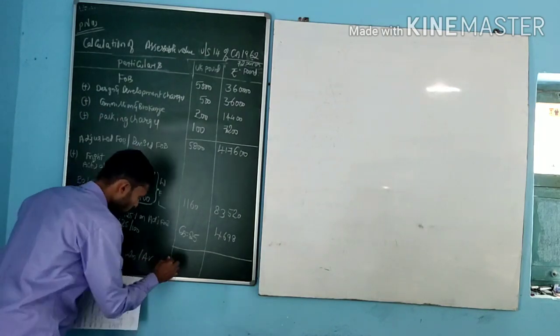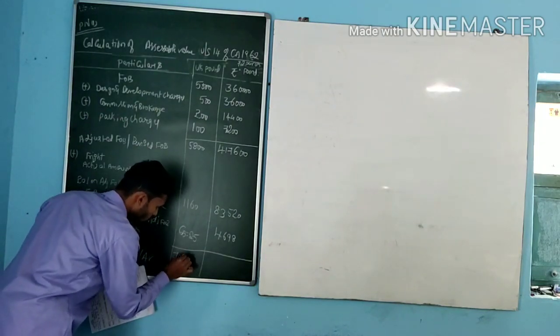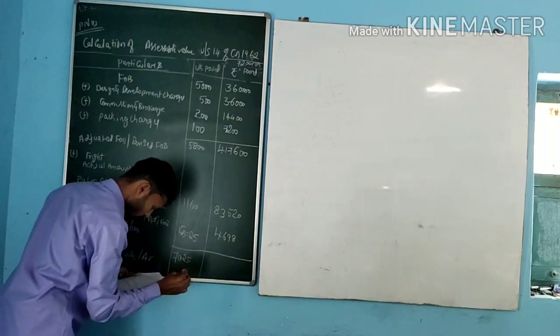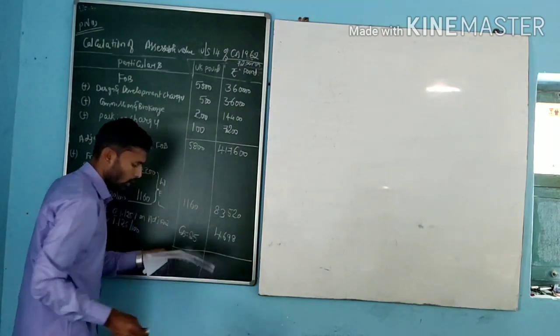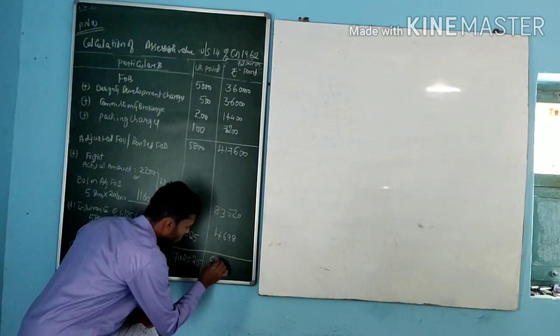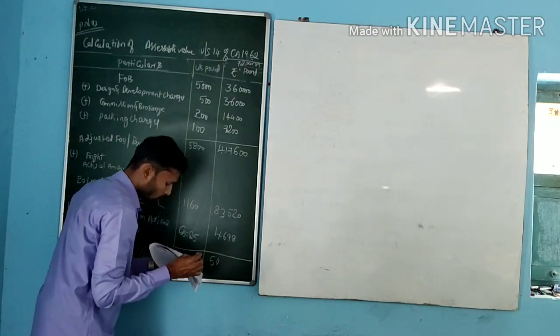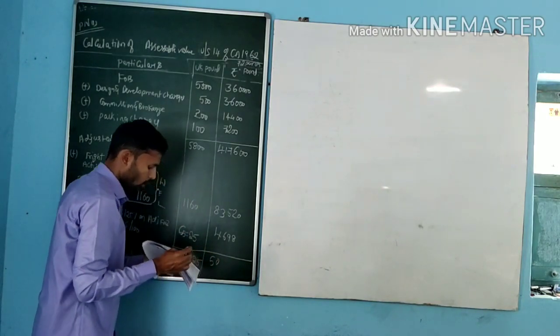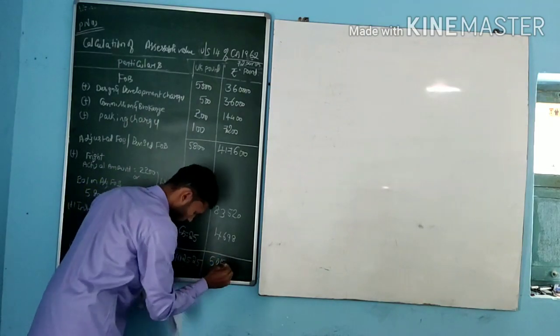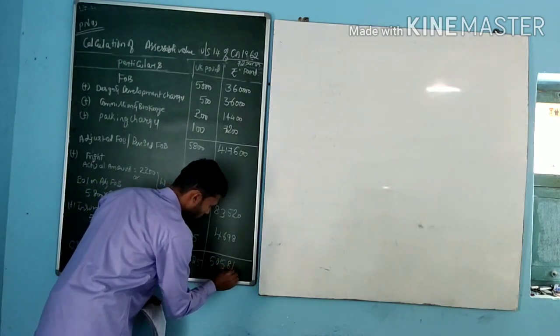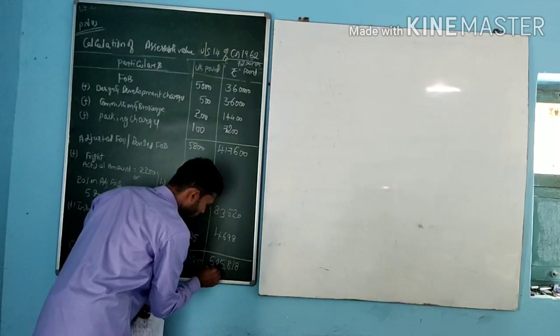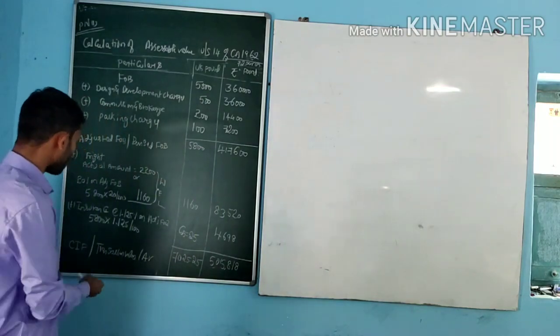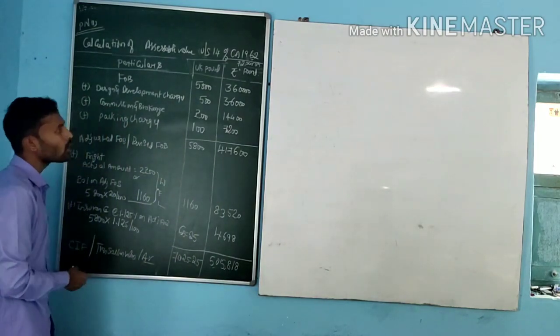The total in UK pound is 7,025.25, and convert to Indian rupees, that is 5,05,818, that is called total assessable value.